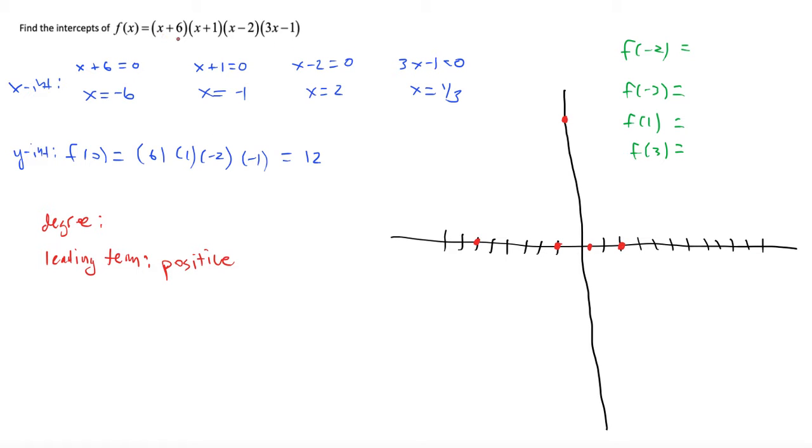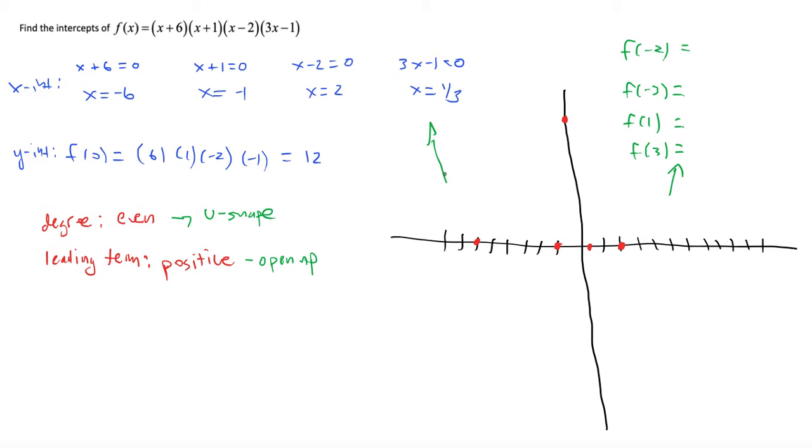There are 4 distinct factors here, so this is an even polynomial. So what does that have to do with the graph? It tells us that our graph is going to be a U-shape because it's even. Because it's positive, it's going to open up, which means we go up and to the left and up and to the right. And we're going to look something like this.